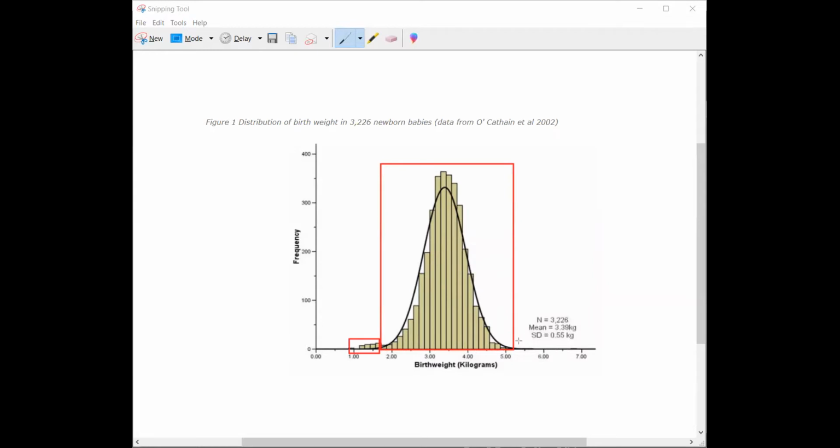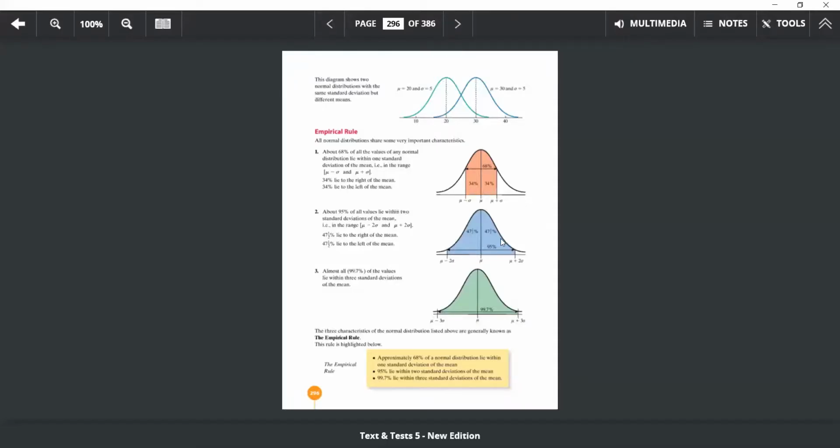So when we use a normal distribution to describe real life events, there's always a certain amount of approximation, or matching data to a particular curve, what's called a bell curve in this case. Anyway, our normal distribution in general will follow this empirical rule. It's given there on page 296. 68% of values on a curve or on a histogram will lie within one standard deviation.